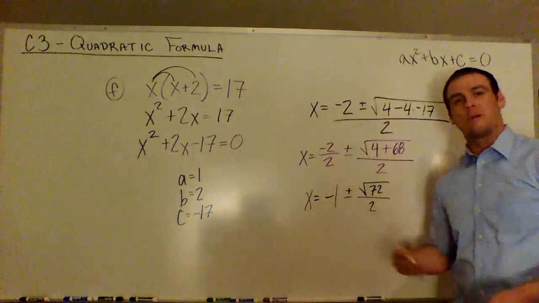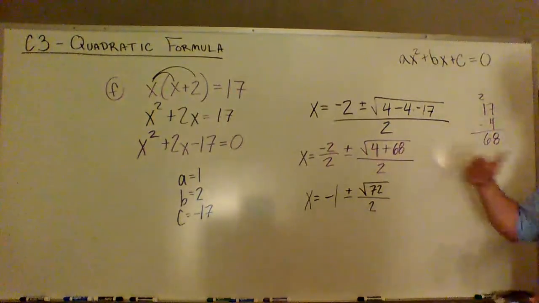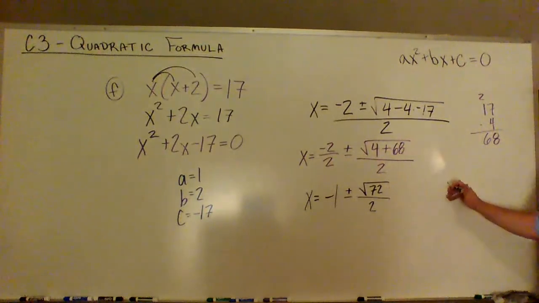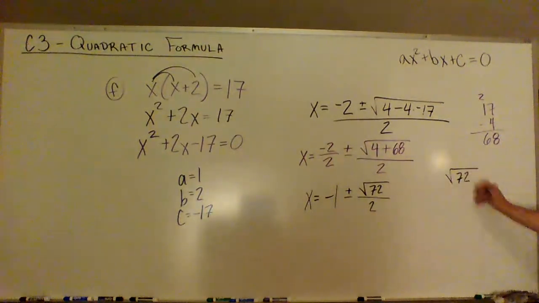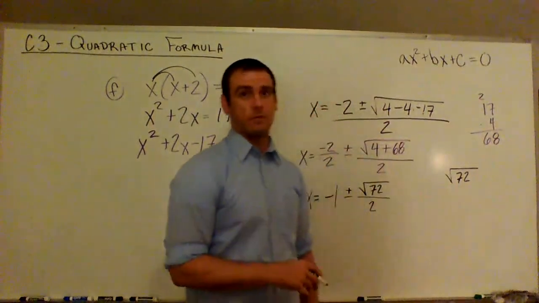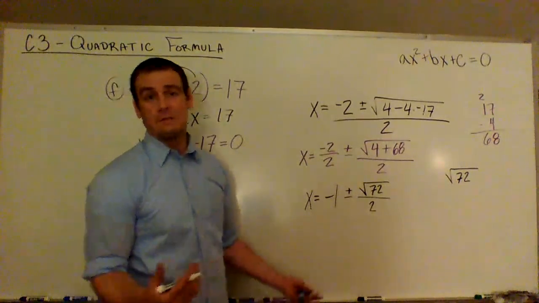All over 2. Now guys, remember you get to use calculators. I have no problem with that, but you can challenge yourself, see if you can do this without a calculator. Now the square root of 72, I got to reduce this somehow. I have a feeling it's going to reduce. A couple different ways to do it. I see it's even, so let's just do that.